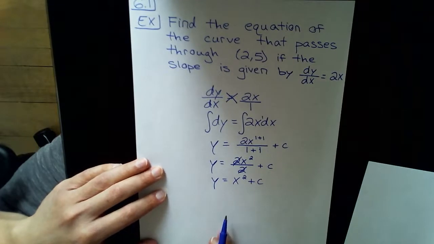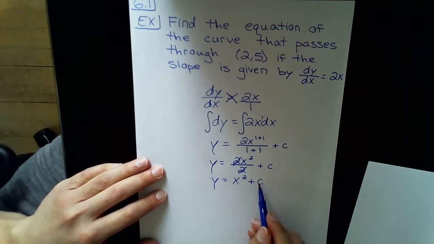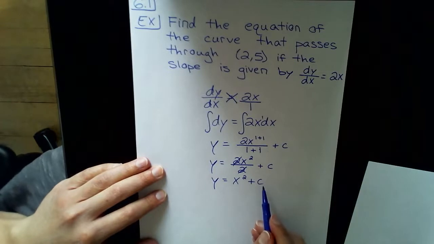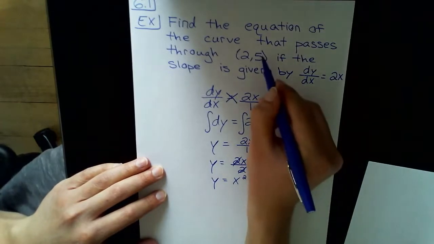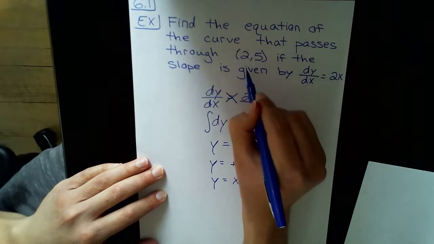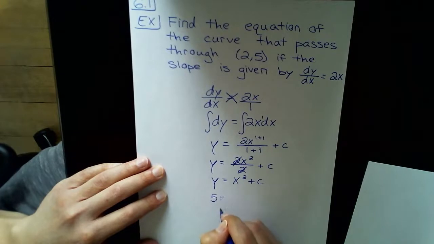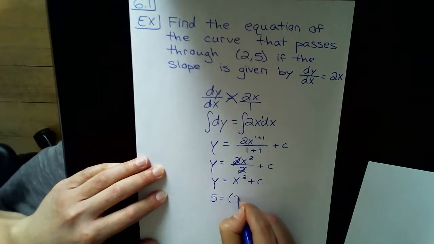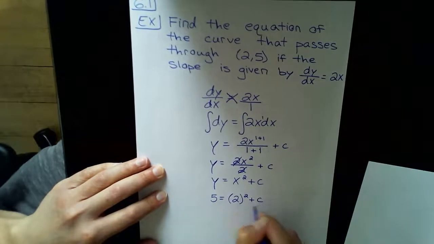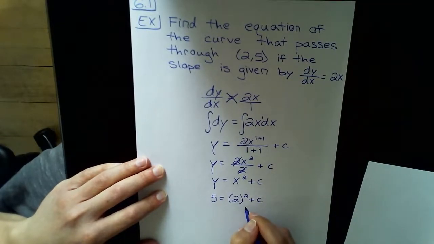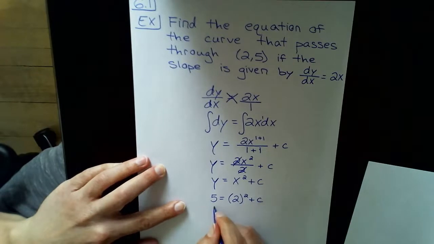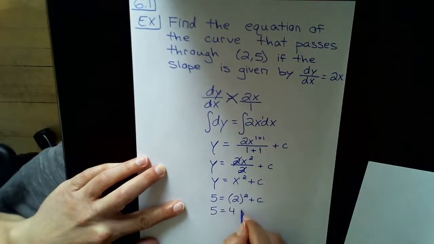And finally, to solve for our c value to get the exact equation that we started with, we need to plug in the point that we were originally given. We know y is equal to 5, x is equal to 2, so 5 equals 2 squared plus c, which gives us 5 equals 4 plus c, and subtracting 4 from each side, we get c equals 1.